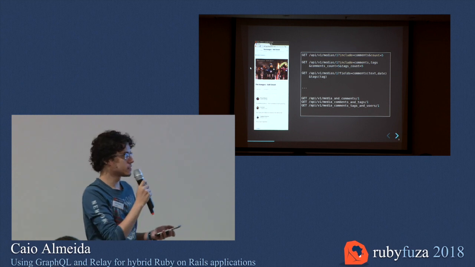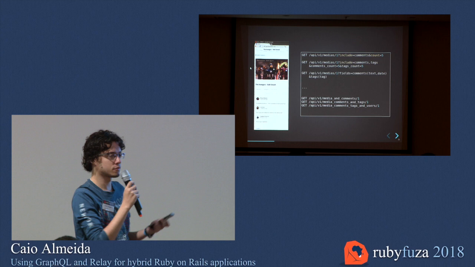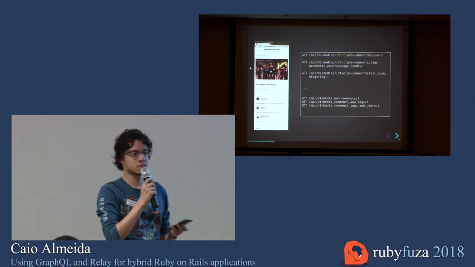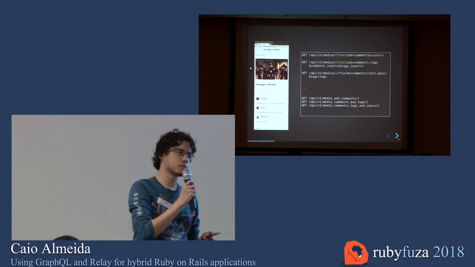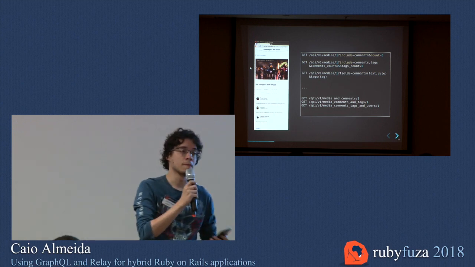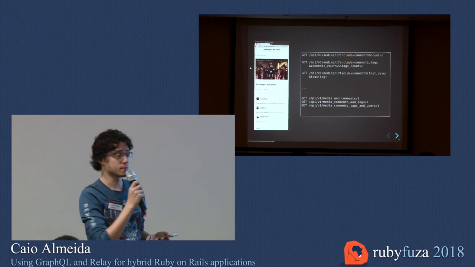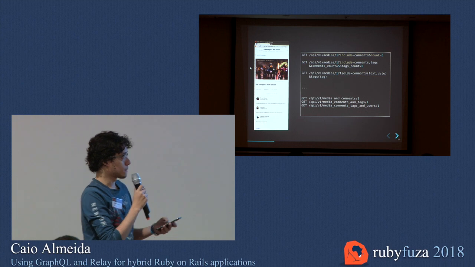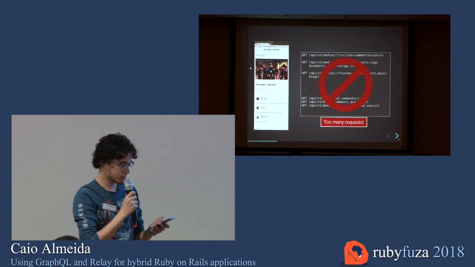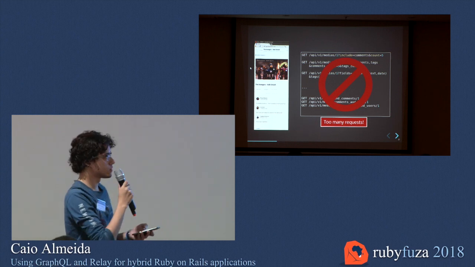If you have a team working on the back end and another team working on the front end, and we had that before we migrated to this architecture, the people from the front end team are always asking, hey, now we need an API endpoint to fetch this and that. Now I need an API endpoint to do another thing. And you keep implementing new API endpoints, and then your API becomes a mess. So you have too many requests and too many different API endpoints to do everything you need on your front end.